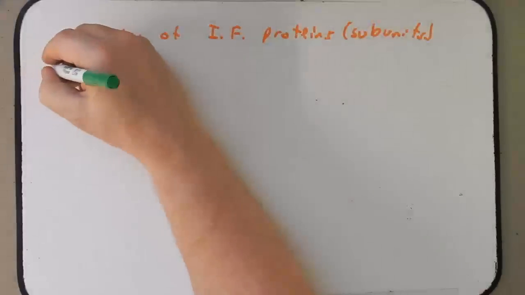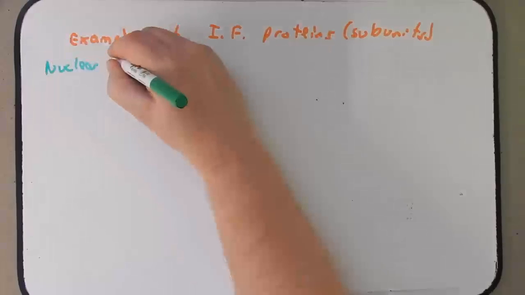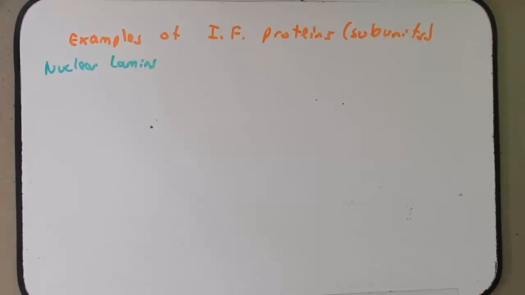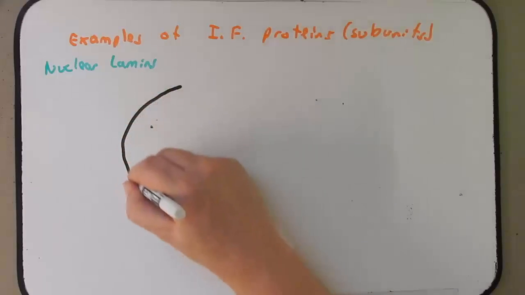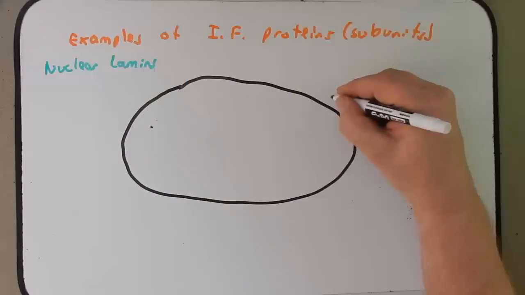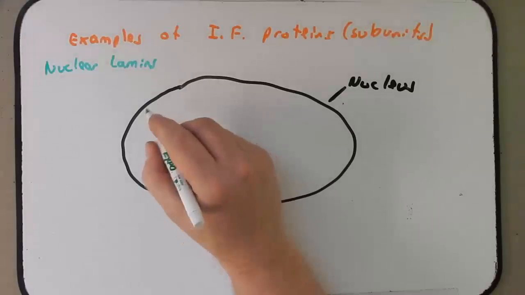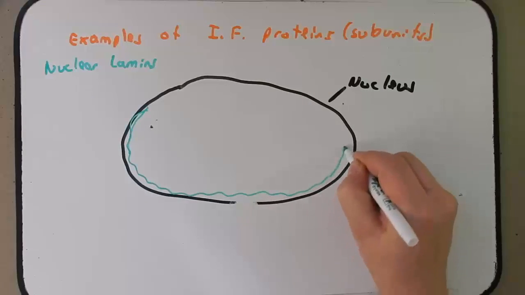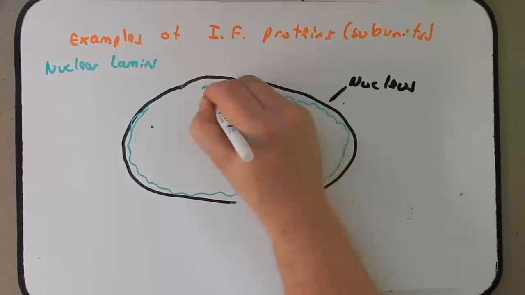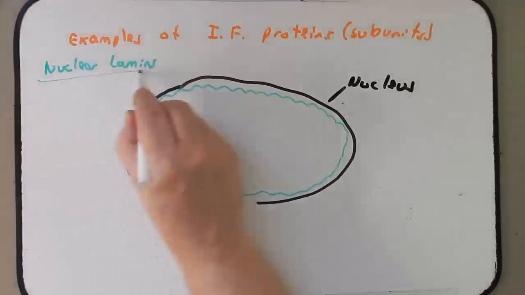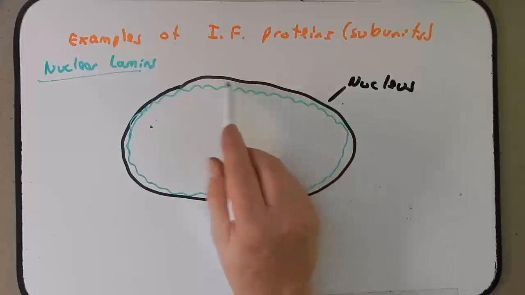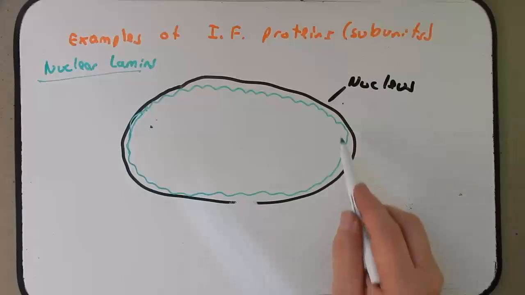All right, next I'd like to talk about the nuclear lamins. And for this particular drawing, let's pretend the whole whiteboard is the cell, and I'm going to draw the nucleus like so. So this is the nucleus. The nuclear lamin proteins will form a network of intermediate filament proteins, that is the nuclear lamin proteins, along the inside of the nuclear envelope.